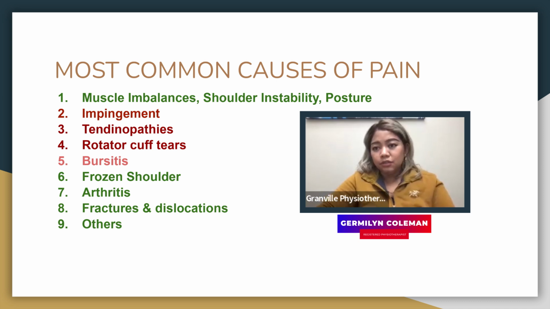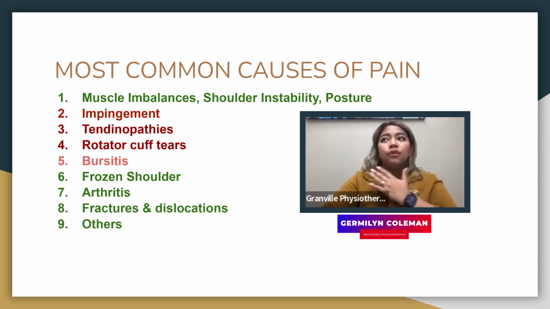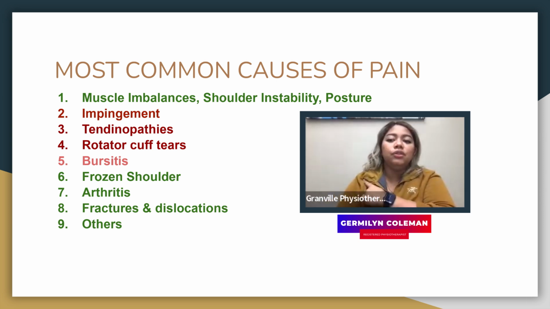There are other causes of pain, like frozen shoulder. It is actually idiopathic. Idiopathic means it doesn't have a direct cause. It just sometimes happens. Mostly you are at risk if you are older or if you have some history of shoulder injuries. The next one is arthritis, which is the degeneration of the bones. Usually it's the AC joint, which is here.